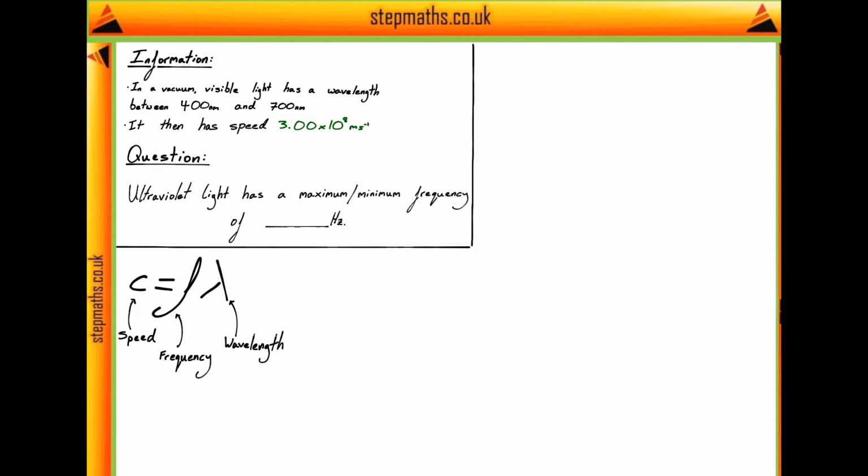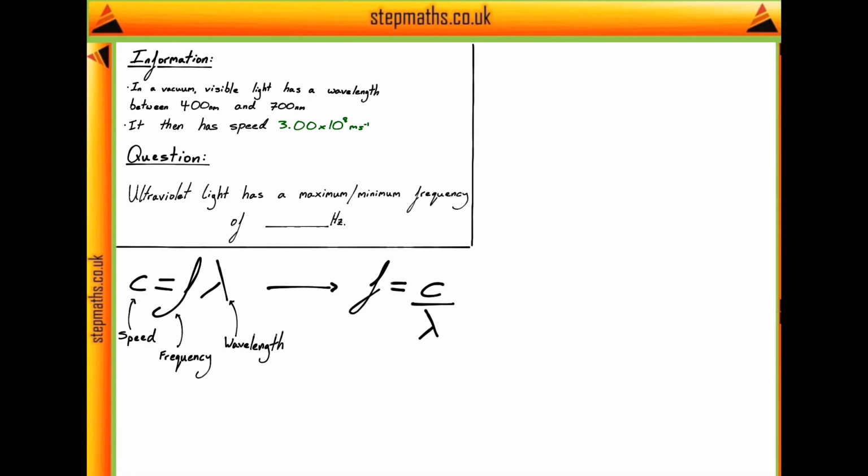Therefore, we can rearrange this to get that the frequency of a wave is equal to its speed divided by its wavelength. So, if we want to find the maximum or minimum frequency of ultraviolet light, we need to find its minimum or maximum wavelength. Then, substituting this in with the speed of ultraviolet light, we should be able to find the maximum or minimum frequency.